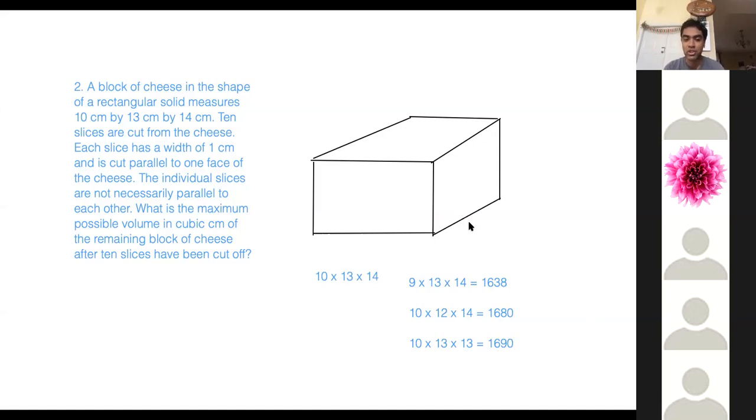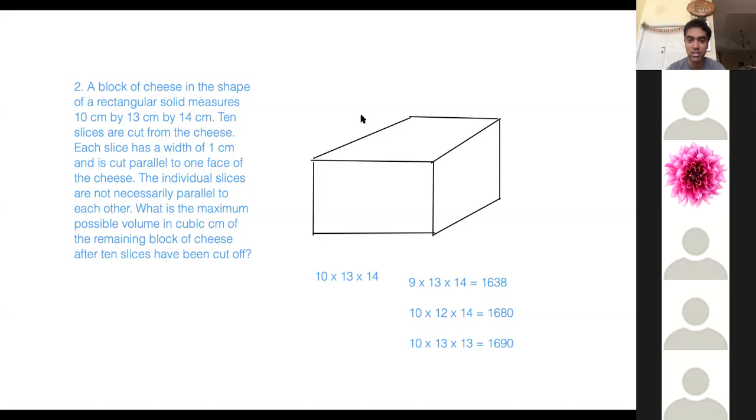When we have the largest remaining volume, what is true about the slice of cheese we removed? It has the smallest volume. Okay, good. So the slice of cheese we removed, how do I describe its volume? 130.